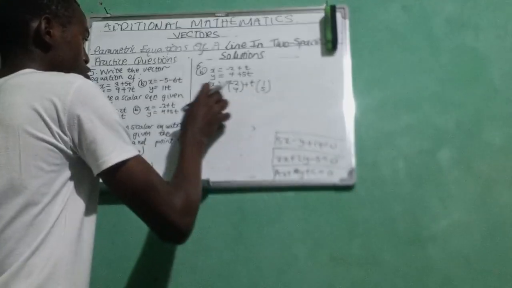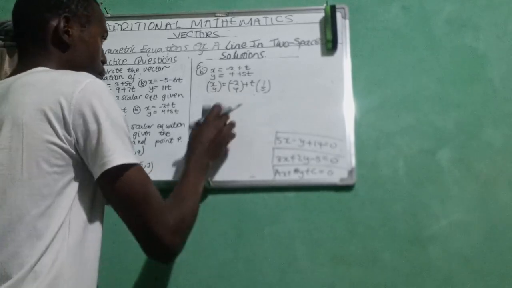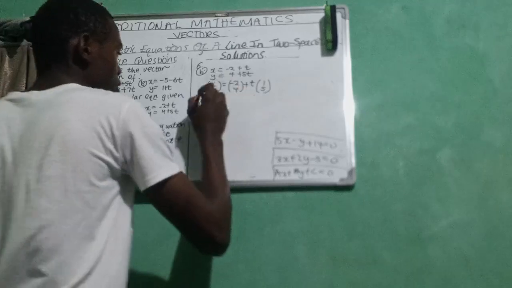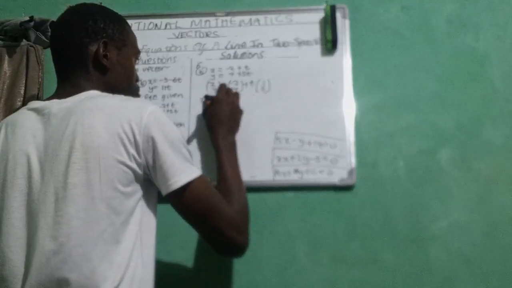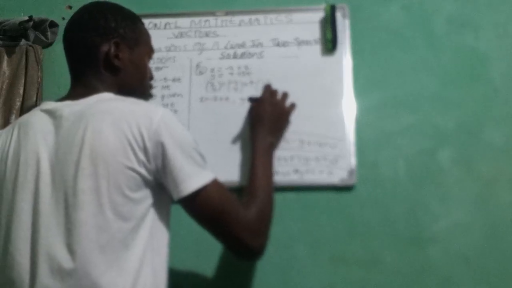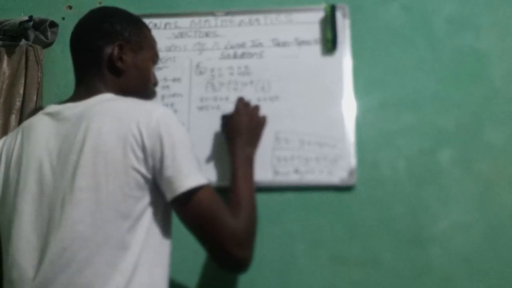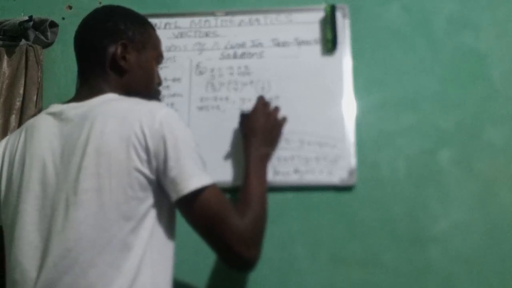And then we can go to method 2, where I need to start making t the subject of the formula. We get the top row, x is equal to minus 2 plus t. The bottom row, y is equal to 4 plus 5t. Make t the subject of the formula: x plus 2 is equal to t, and then y minus 4 is equal to 5t.